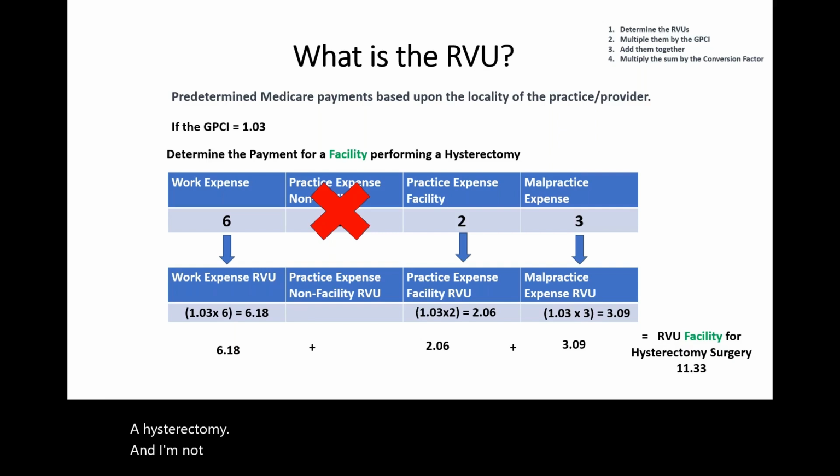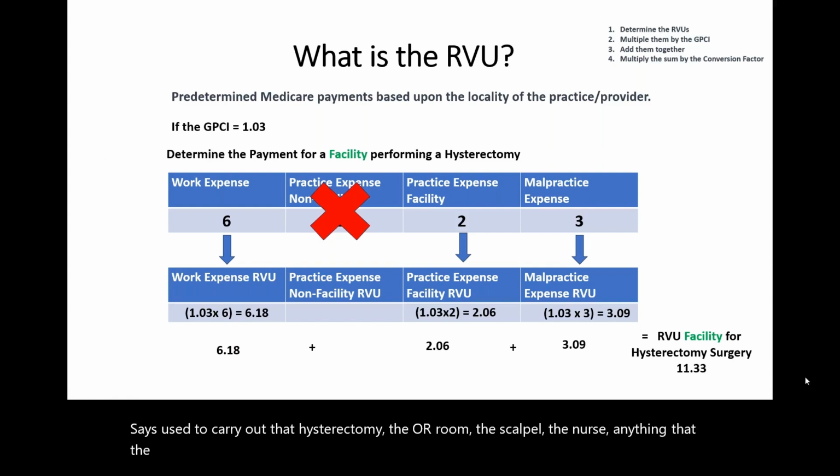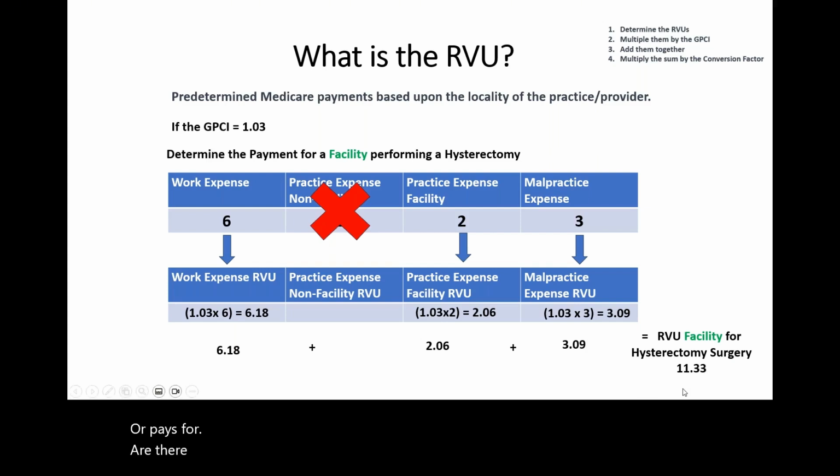And I'm not going to get into it, but facilities get paid for the resources used to carry out that hysterectomy: the OR room, the scalpel, the nurse, anything that the hospital owns or pays for are the resources.